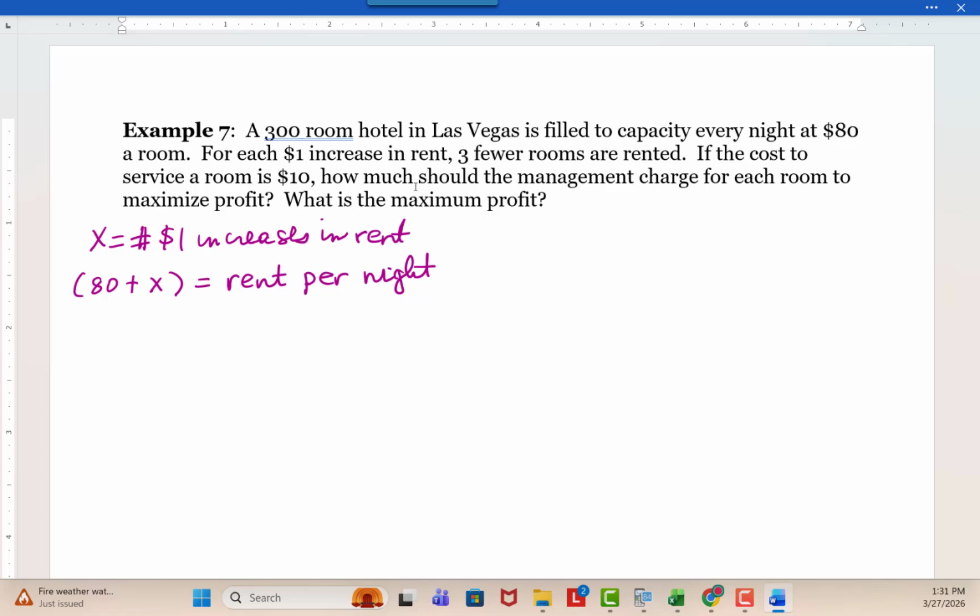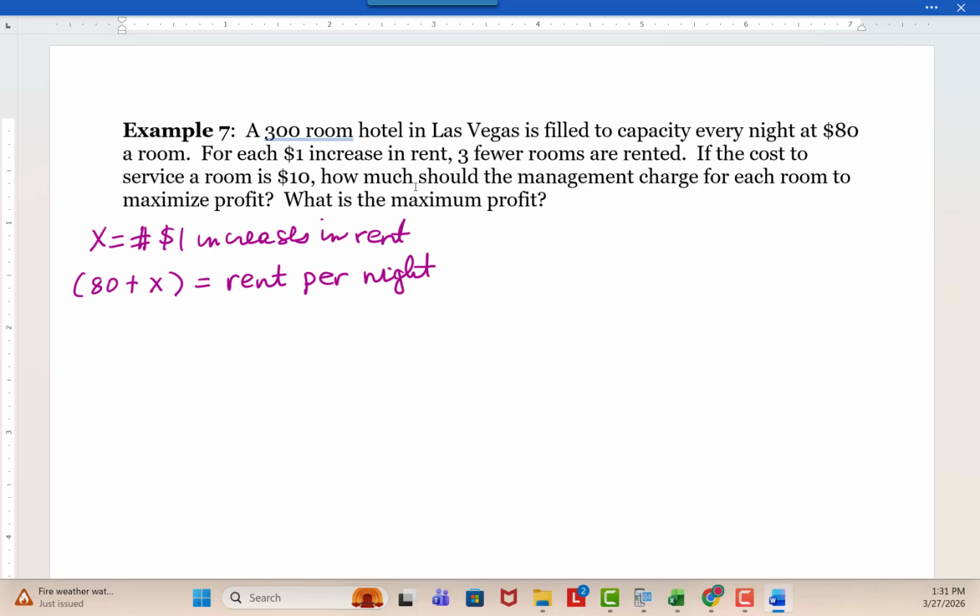All right. And if we're talking about profit, we need to know how many of these rooms we're renting, right? So we can also use x for that. What it tells us is that every time we increase the rent by $1, then we have 3 fewer rooms available. So how do we use that to say how many rooms there are?